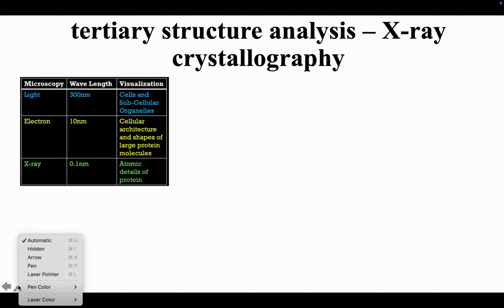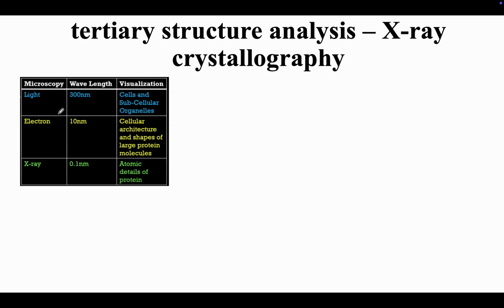As you can see here, the light microscope which we have has a wavelength of 300 nanometers, which we use to visualize different cells and subcellular organelles. Whereas electrons have a wavelength around 10 nanometers.